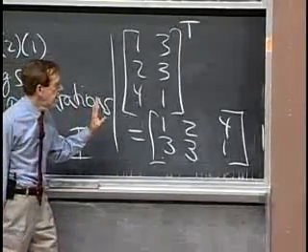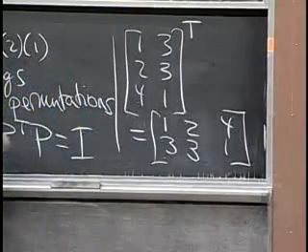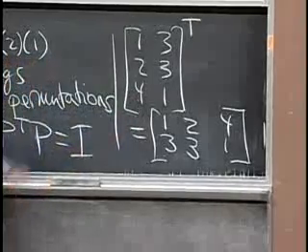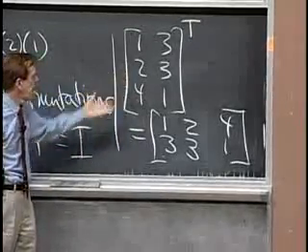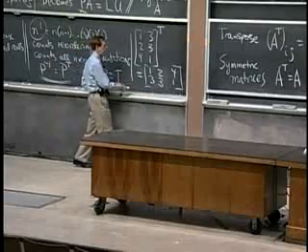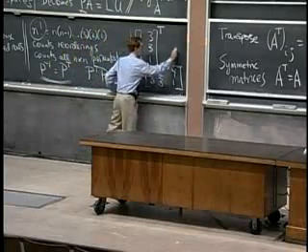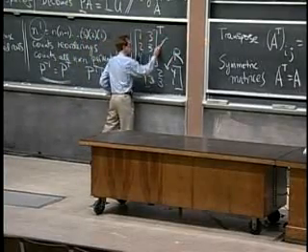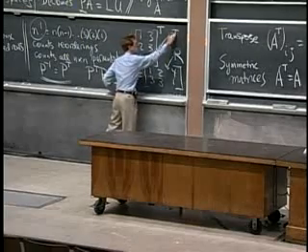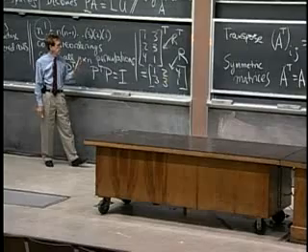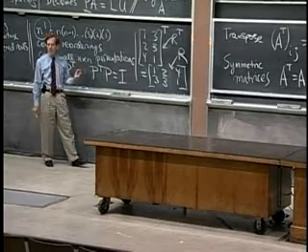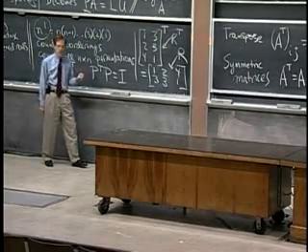But let me tell you a way to get a symmetric matrix out of this. Multiply those together. If I multiply this rectangular matrix, shall I call it R for rectangular? So let that be R for rectangular matrix, and let that be R transpose, which it is. Then I think that if I multiply those together, I get a symmetric matrix.